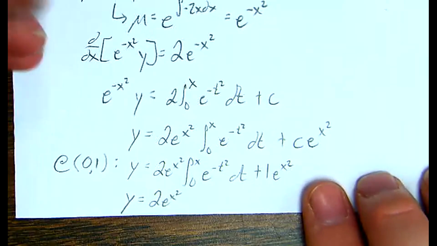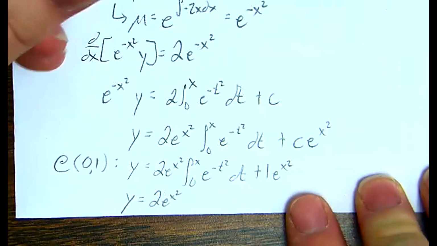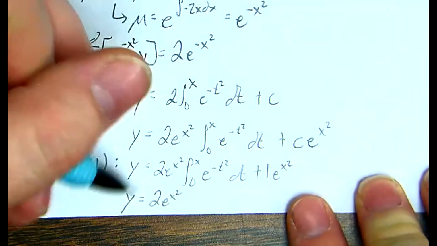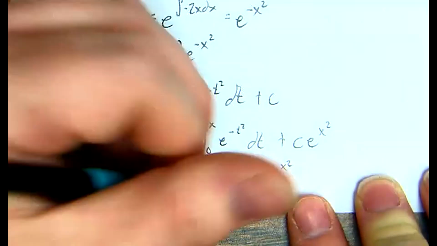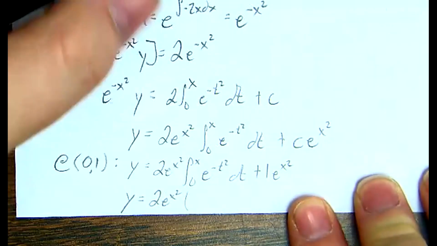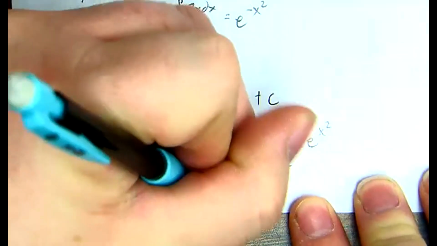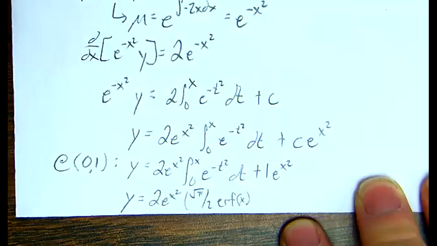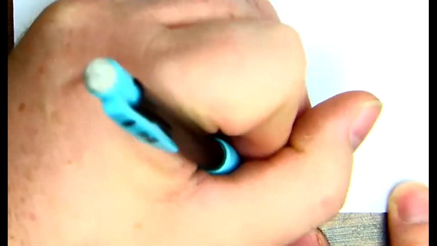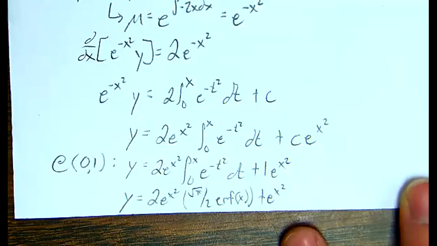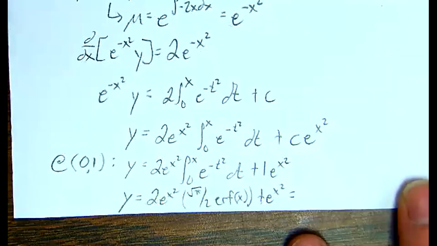So this is 2e to the x squared times the integral from 0 to x of blah, blah, blah is root pi over 2 erf of x plus e to the x squared, which is e to the x squared times 1 plus root pi erf of x.